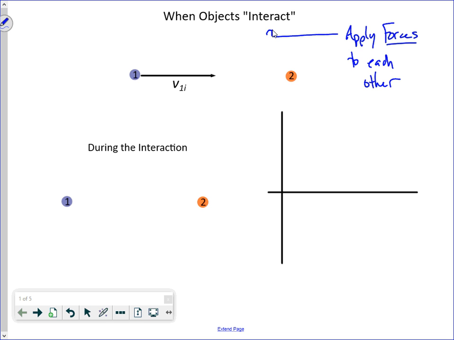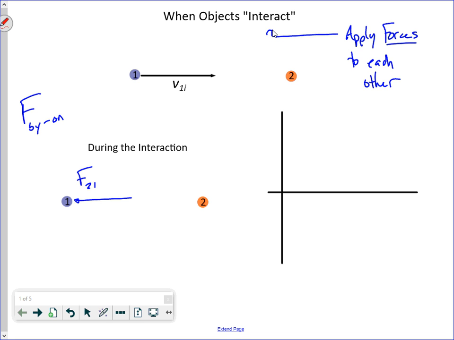So during this interaction, let's talk about the forces that these objects exert on each other. Well, we can represent them with vectors. And we can say that there's a force exerted by 2 on 1.